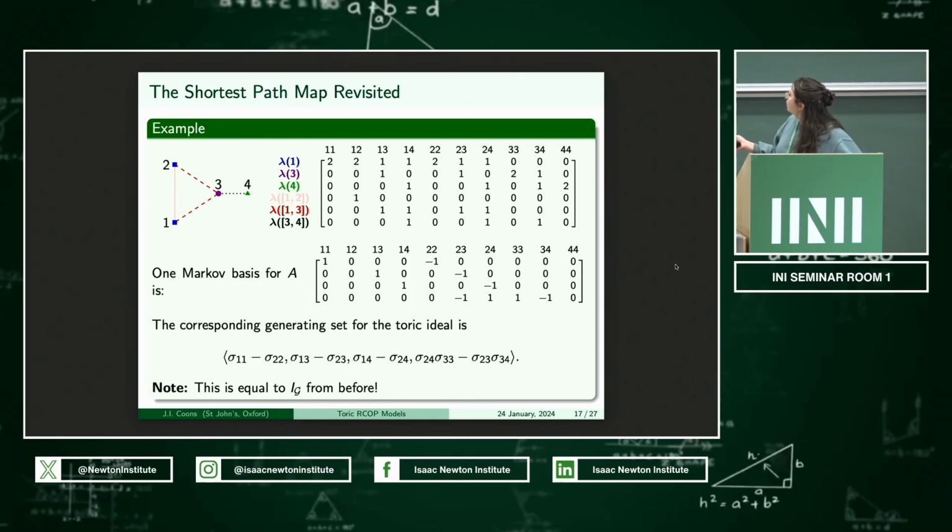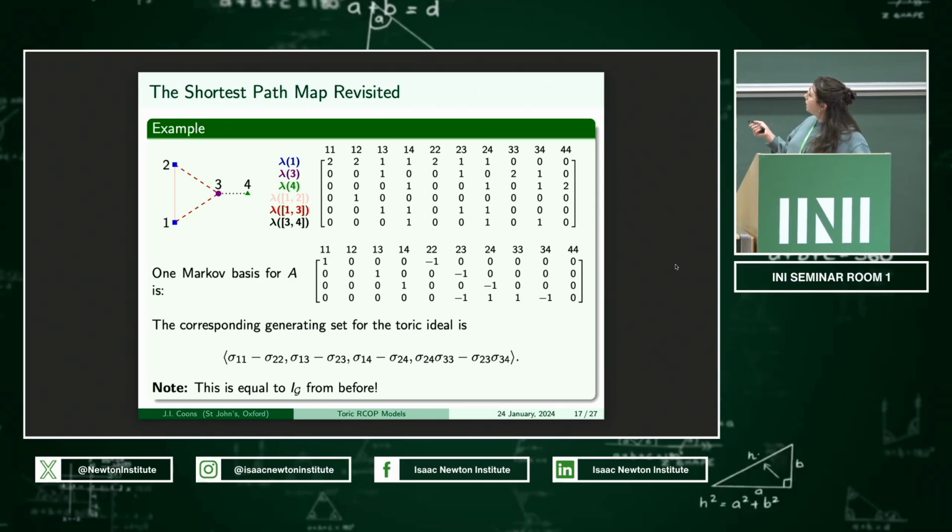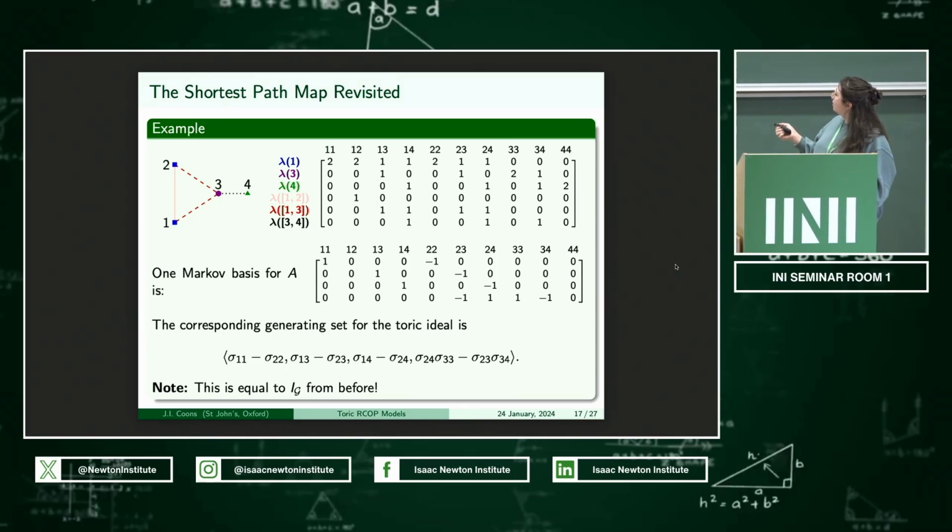All right. Here's the example that we were looking at before. Here's my matrix A printed again. I guess I should really transpose this, but to make it fit on the slide, I didn't. So one Markov basis is this thing.